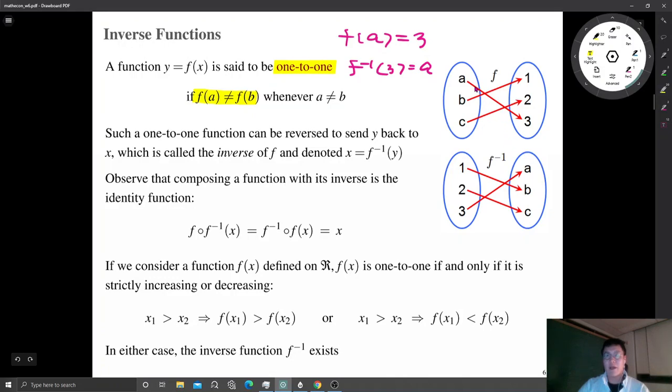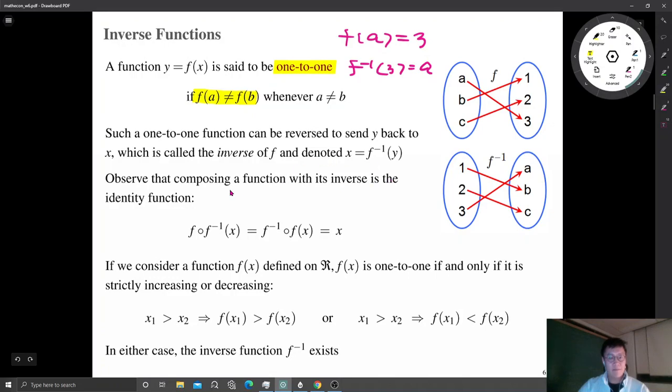And finally, f of c was equal to 2, so f inverse of 2 is equal to c. So that is the inverse function.